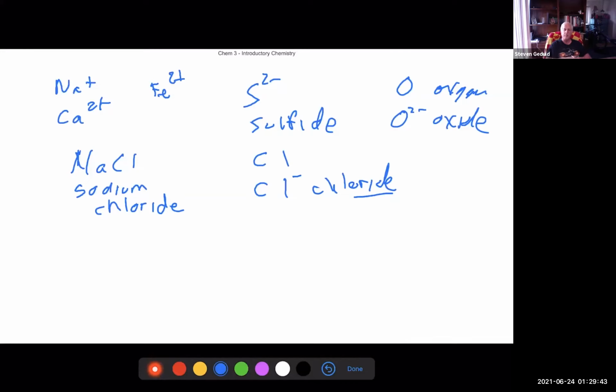As we're going to see, they combine in a 1-to-1 ratio, because Na is +1 and chlorine is -1. The cation and the anion combine in a 1-to-1 ratio, plus and minus, because your balance has to be neutral. It becomes sodium chloride. So that's naming our cations.